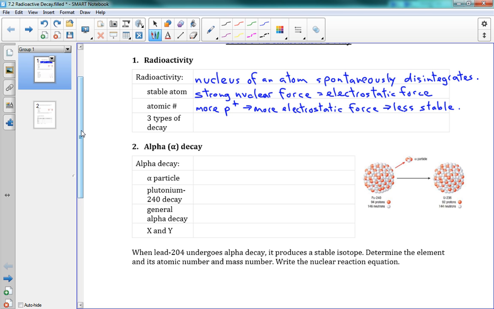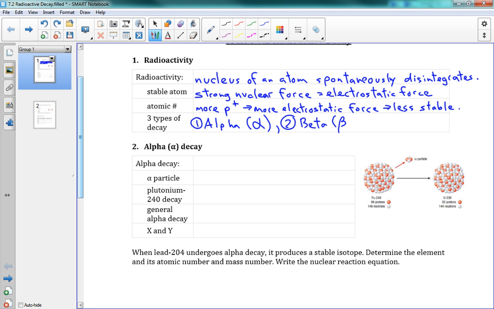Okay, so we have three types of decay, three ways that our nucleus can split apart into different ones. The first one is alpha decay, that we use this Greek letter alpha. It looks kind of like a fish, or a bit like the letter A. Number two is beta decay, and again, that's a Greek letter.